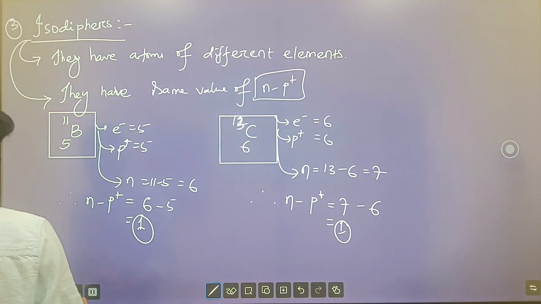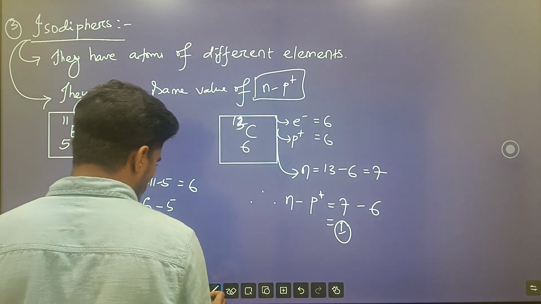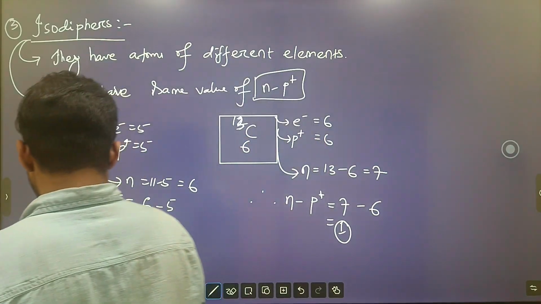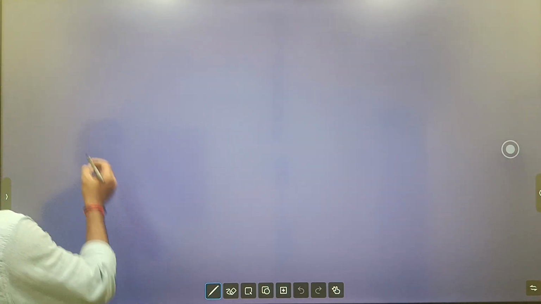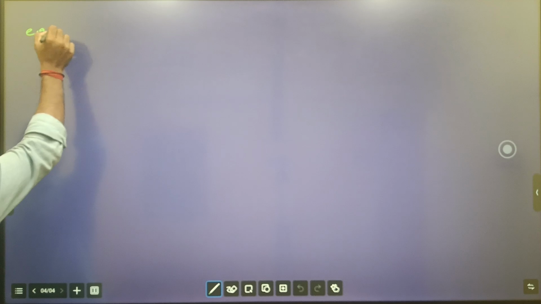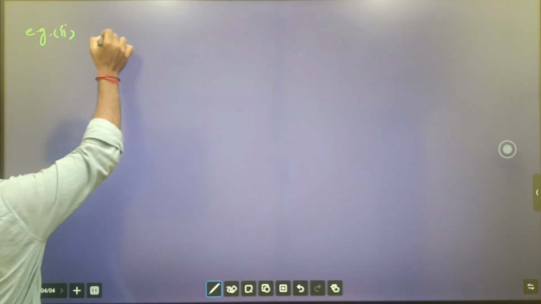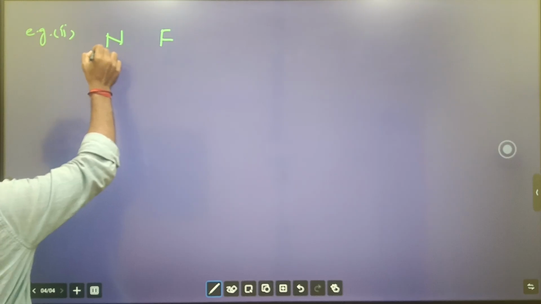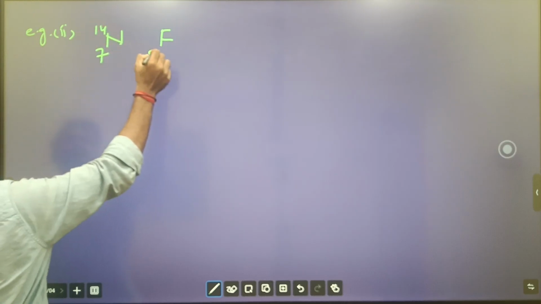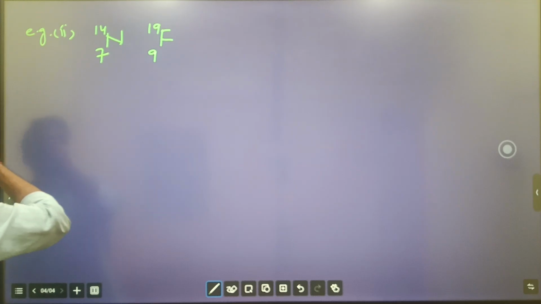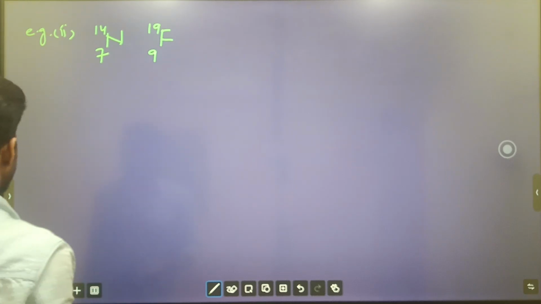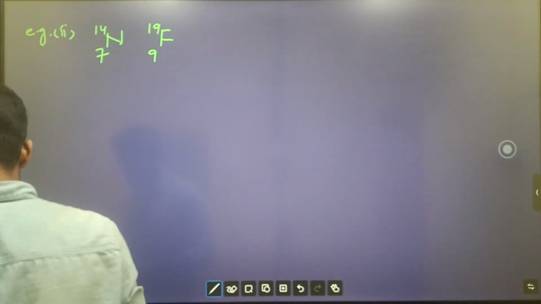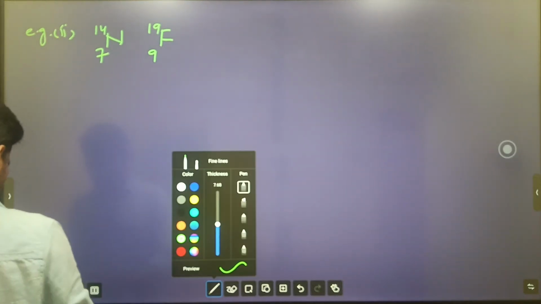One more example, you can do it yourself, the example I am doing here. Example 2, we can take nitrogen and fluorine. Nitrogen is 7, 14, and this is 9, 19. What is the isotope of nitrogen, 7, 14?